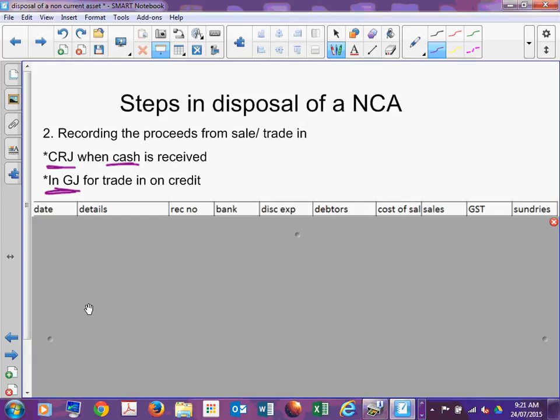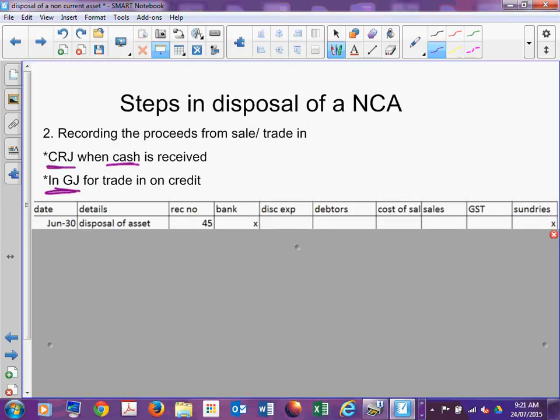Okay, so in the cash receipts journal, in the details section, disposal of asset, because that's the account it's going to be recorded in. The source document should be a receipt, because it's a receipt of cash.